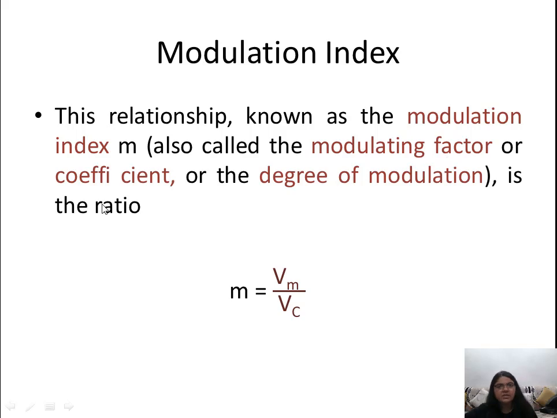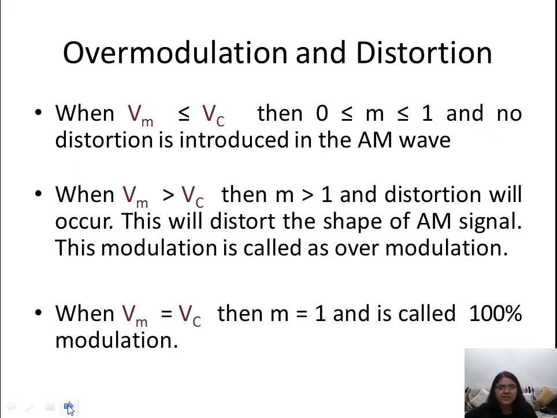So when Vm is less than or equal to Vc, meaning the modulating signal voltage is less than Vc, then the modulation index is less than 1, and there is no distortion in the AM wave.